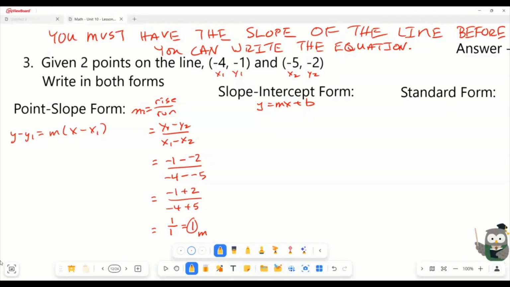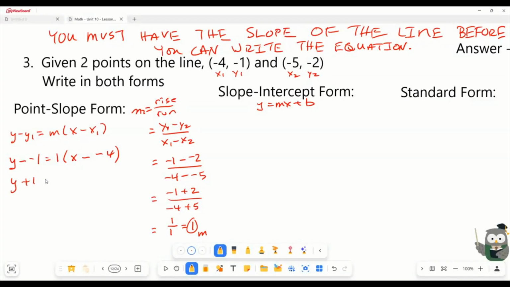M goes in for M, x1 goes in for x1, y1 goes in for y1. We just have to be careful about the negatives. Y minus y1 is -1. M is 1. X1 is -4 minus x1, which is -4.